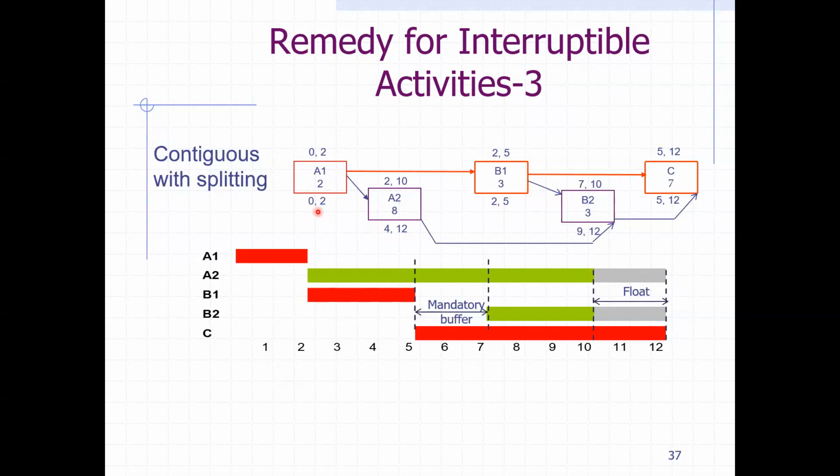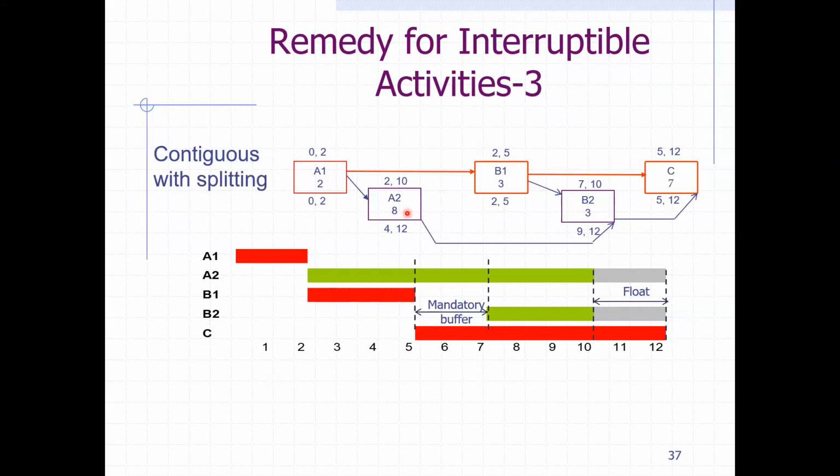So if A is critical to start and finish, then for A2, it is optional to have the starting day on the 2 and the early finish on the 10th. So when A is done, B is, so it's finish to finish, right? B1 gets to start and finish according to its duration. So 2 plus 3 is 5.